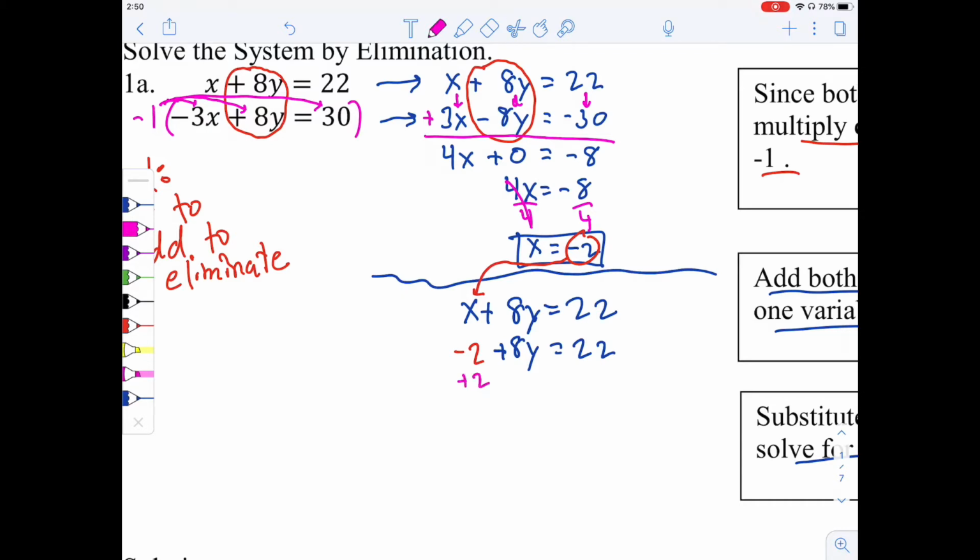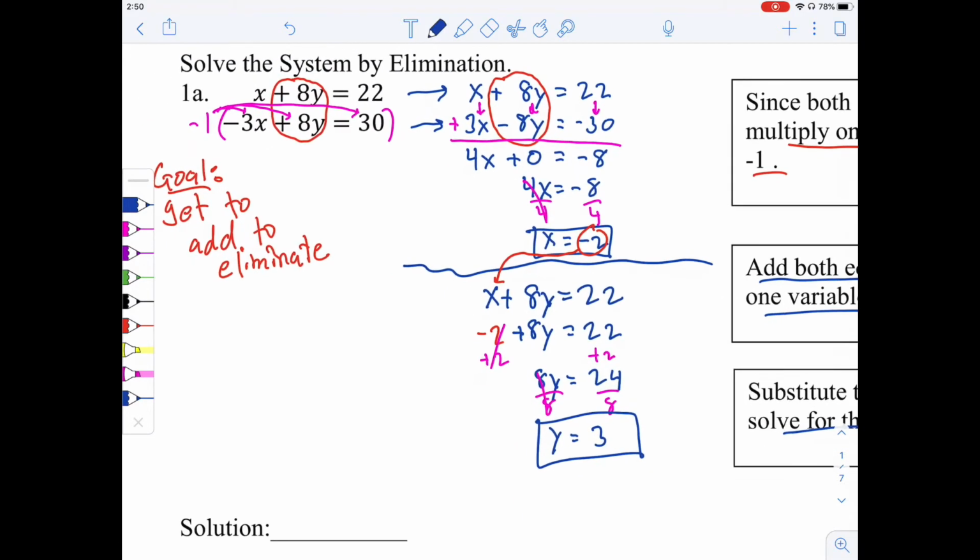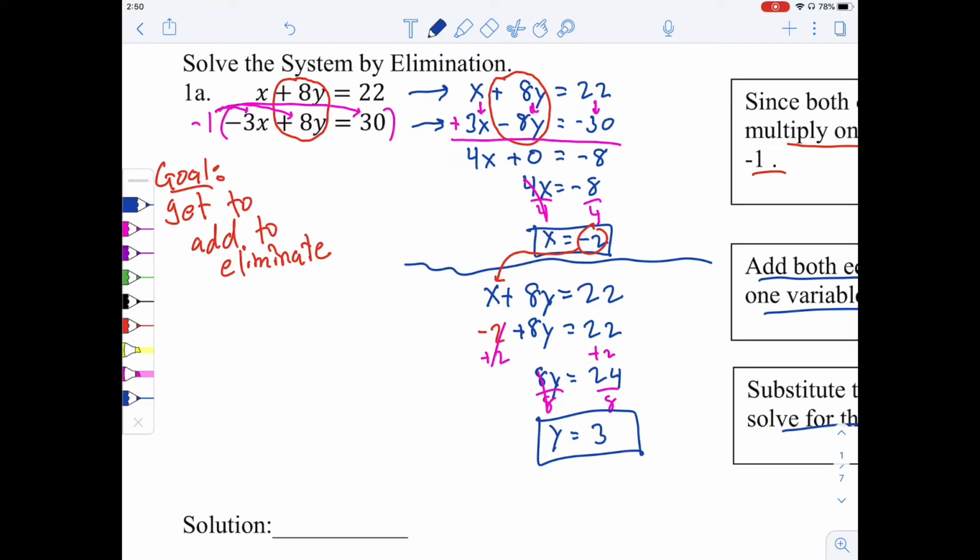We get rid of the -2 by adding 2, so we have 8y equals 24. Detach that 8 by dividing, so y is equal to 3. So our solution is -2, positive 3, because that's our x, that's our y.